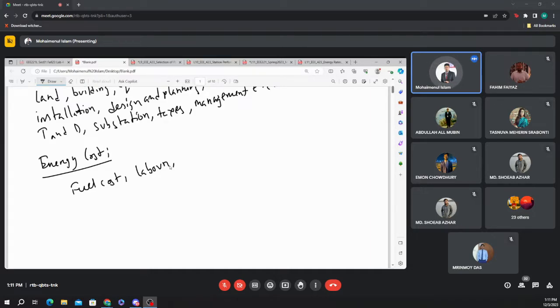And also you need to buy some supplies regularly, like maybe for the boiler, maybe for the turbine.